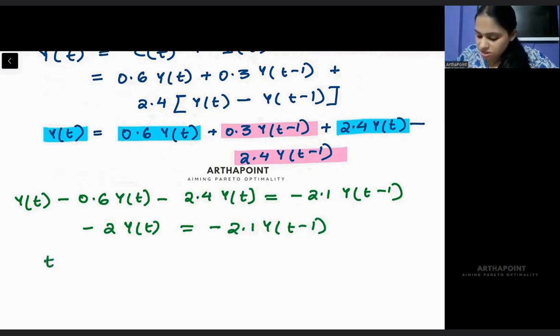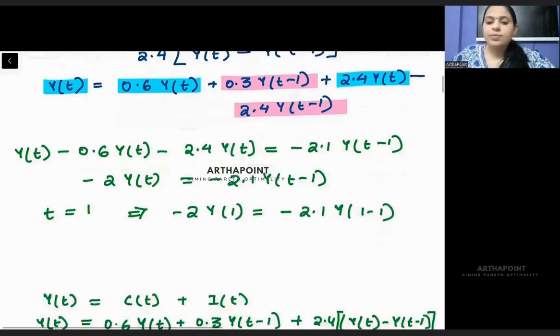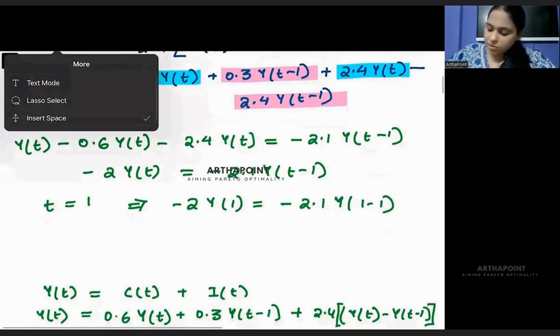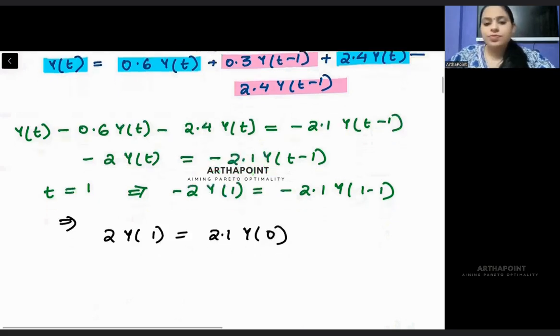Now I will put t equal to 1. So I will get minus 2 y1 is equal to minus 2.1 y0. Right, beta? So from here, I will get 2 y1 is equal to 2.1 y0.